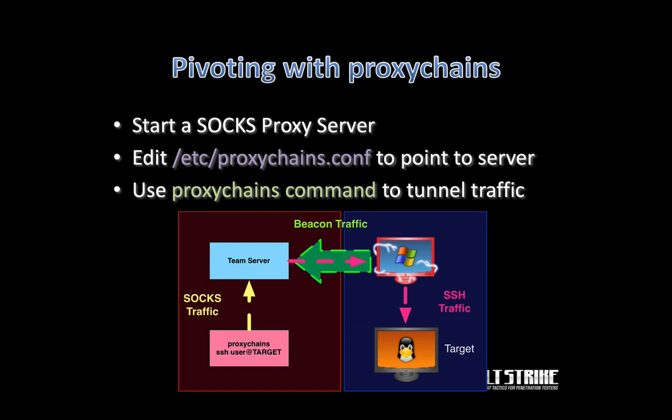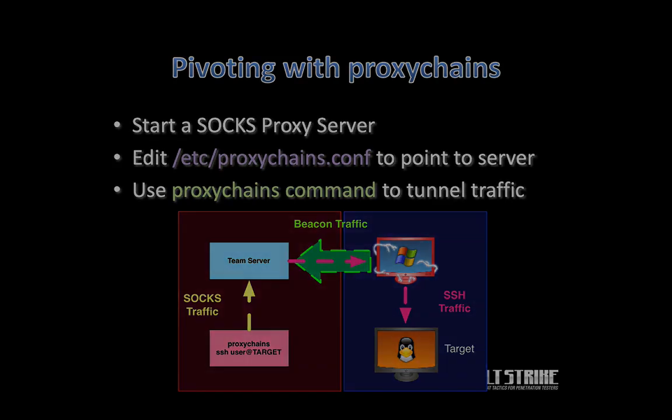And to use proxychains, open up the /etc/proxychains.conf in your favorite text editor, go to the bottom, and point it to your Beacon SOCKS proxy server. Then you can run proxychains, whatever command you want, and any outbound TCP connections that program tries to make will be forced through the proxy configuration in your /etc/proxychains.conf file.